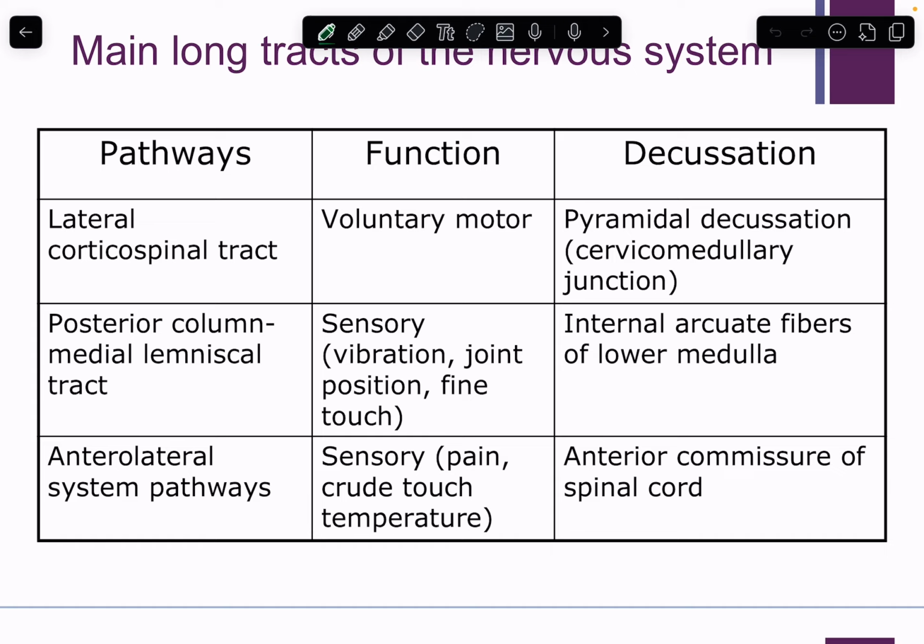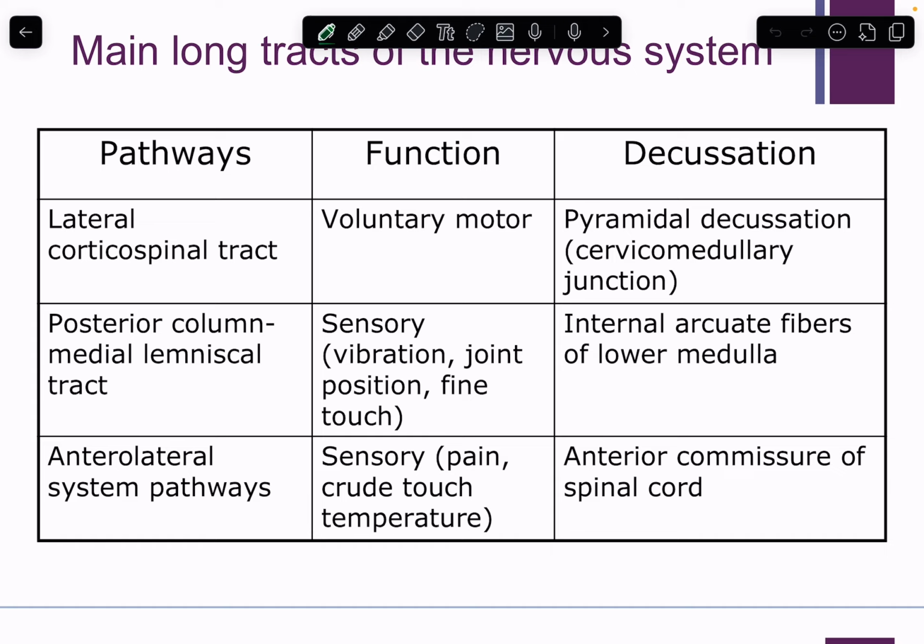So then the secondary neurons immediately decussate within the spinal cord, either within one or two segments of their entry point. And it is through the anterior commissure. Okay, so remember it's crossing within the spinal cord, one to two segments above.